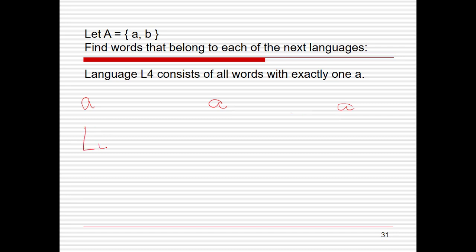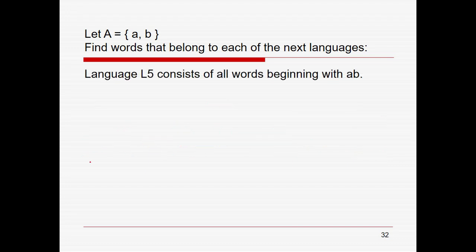So if we look at language L4, again, we could have a word only with one A. But we could also have B squared A, B to the power of 3, or B5A, or AB3. So all sorts of possibilities as long as the letter A appears exactly once in the word.